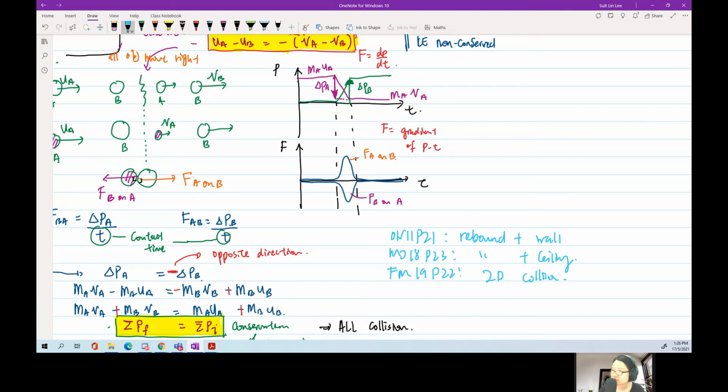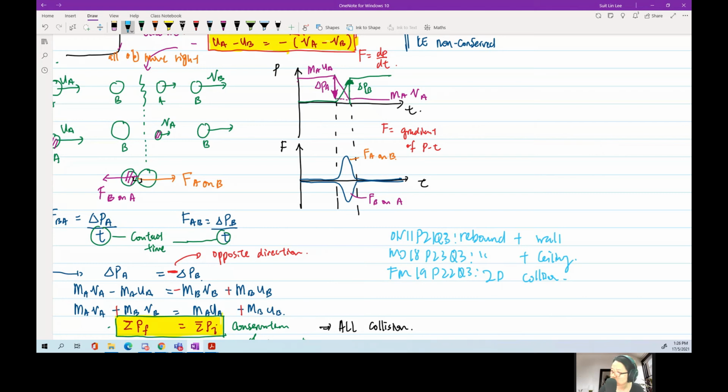Oh wait, I never say question number. How smart. It's question 3, rebound plus ceiling. The other one is question 3 as well. And this 12 paper 2-2 is question 3 too. Oh yeah, they're all question 3 lah.